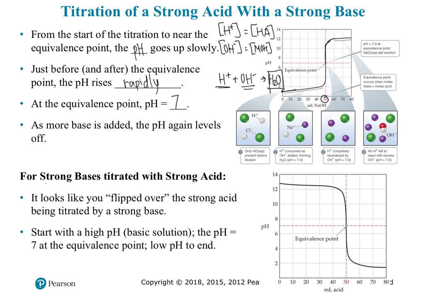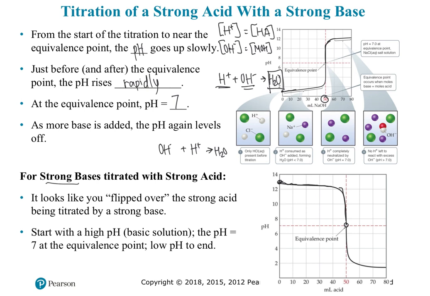If I start out with a strong base, I'm going to start out at a high pH, and then I neutralize, so I now have my hydroxide solution. I'm going to add strong acid, which is hydrogen ion, and produce water. As soon as I add any hydrogen, it gets neutralized, but I'm slowly losing my hydroxide until I've reached the equivalence point again. And once again, because I'm dealing with a strong base, my pH will be at 7 for the equivalence point.